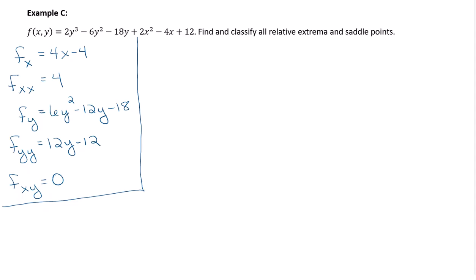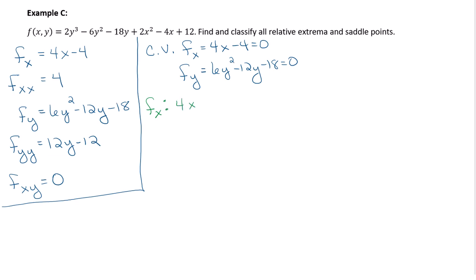Now we need to find our critical values, which means our first derivative with respect to x, the 4x minus 4, must equal 0. And also the first derivative with respect to y, which is our 6y squared minus 12y minus 18, must also equal 0. Taking the first derivative with respect to x and solving that equation, we get that x equals a positive 1.